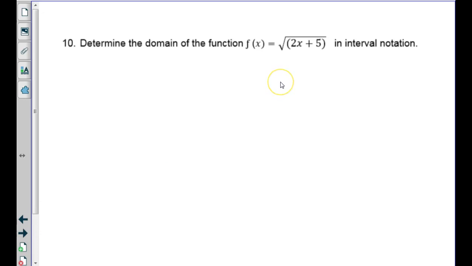Do you remember how to do the domain of a radical? Anything underneath a radical has to be what? Greater than or equal to 0.